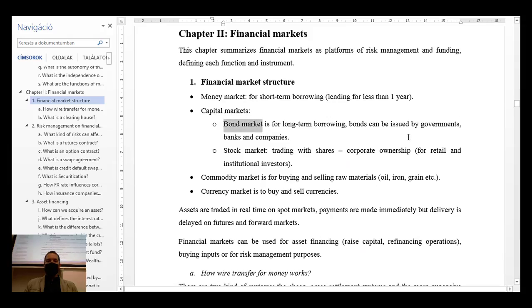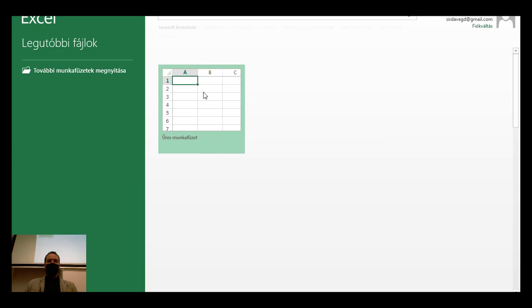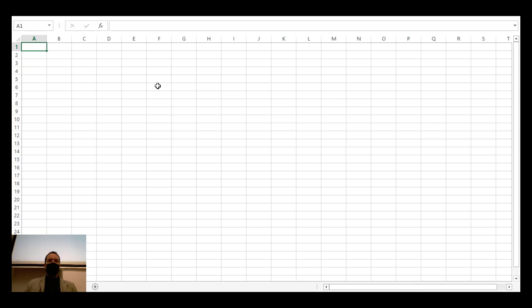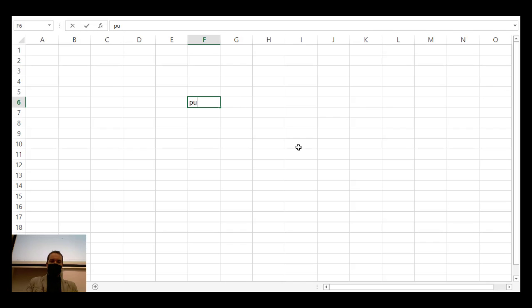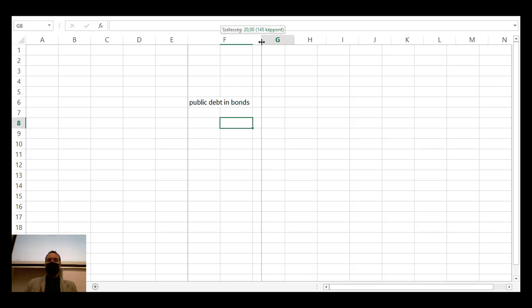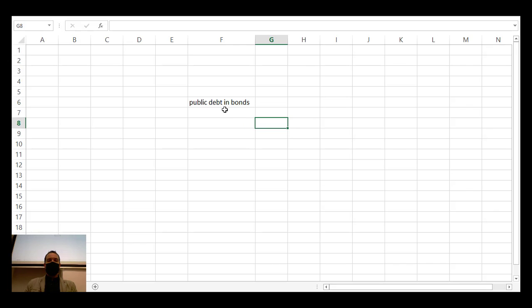So bonds are about debt and about long-run debt, but what matters is the term structure, so when the money will expire. Again, it's much better to show. If you say this is the entire public debt, usually it's in bonds, because why take up a bank loan from a bank?